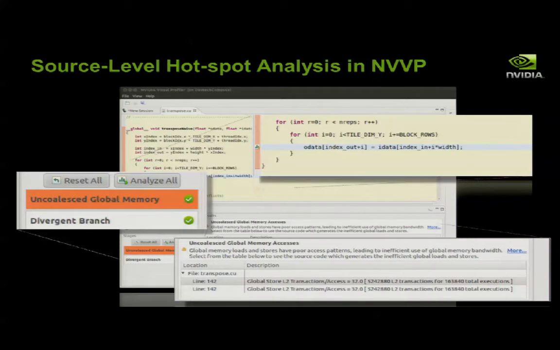You can't read it, but you probably can see it on the slides. Index IN is basically adjacent thread indices access adjacent addresses, whereas index OUT is the Y index times the height. So you're multiplying the thread index by the height of your matrix.